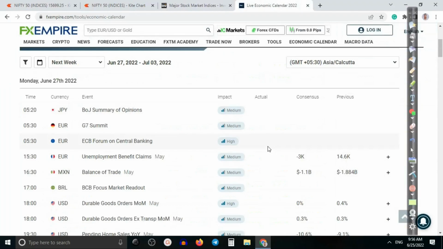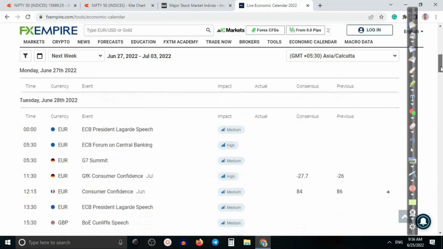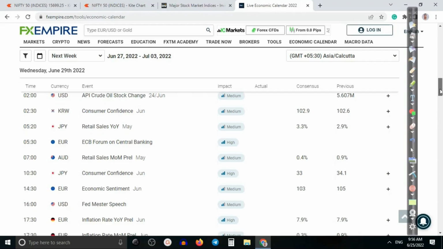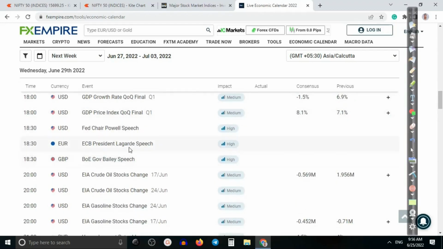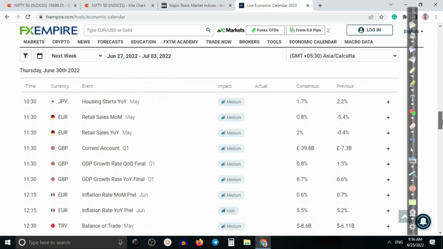And the major events or news, I think, are on Wednesday and Thursday. So I'm expecting that until Tuesday price will go higher, because we have seen the futures market and the indices all positive. But on Wednesday there is some major news, and on Thursday also major news.